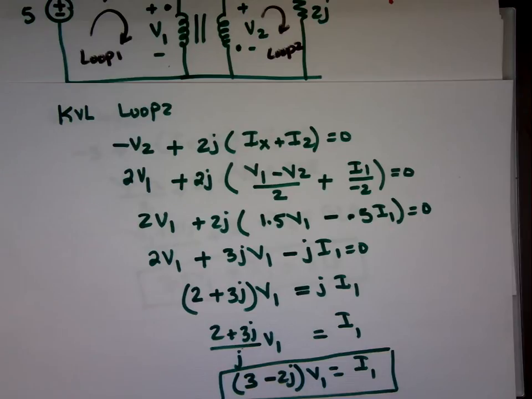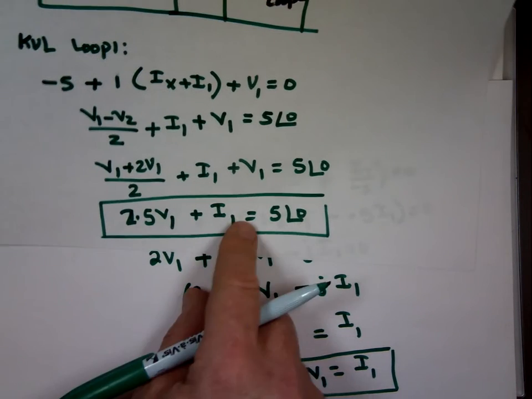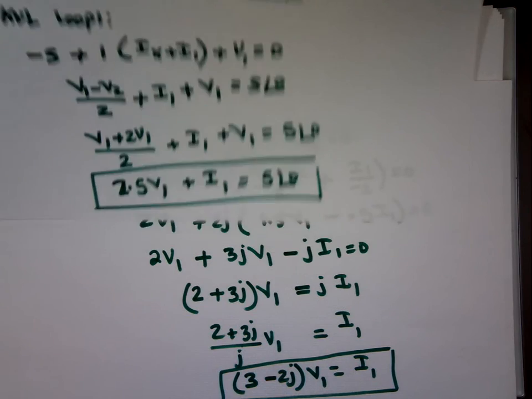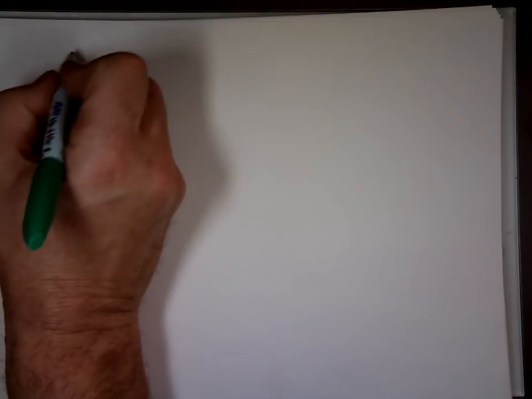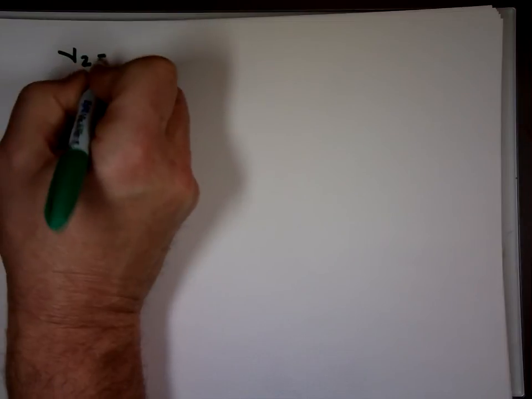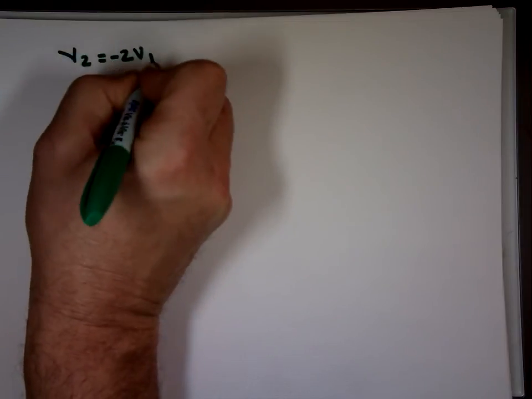So now I get two equations by how many unknowns? 2 unknowns. This is one, and this is the other one. Can I solve them? Sure. So let me put my equation here on the next page. The first equations I have, so I don't have to flip back and forth: V2 equals negative 2 V1. I sub 1 equals negative 2 I sub 2.